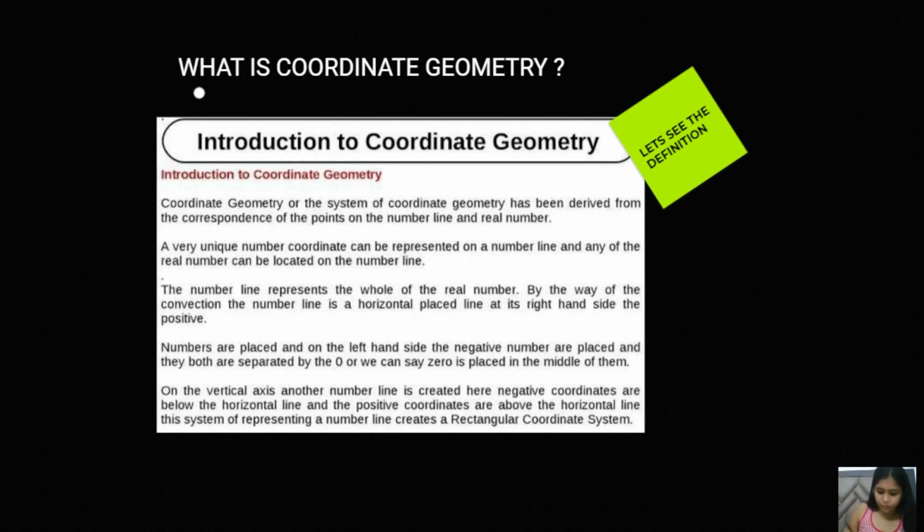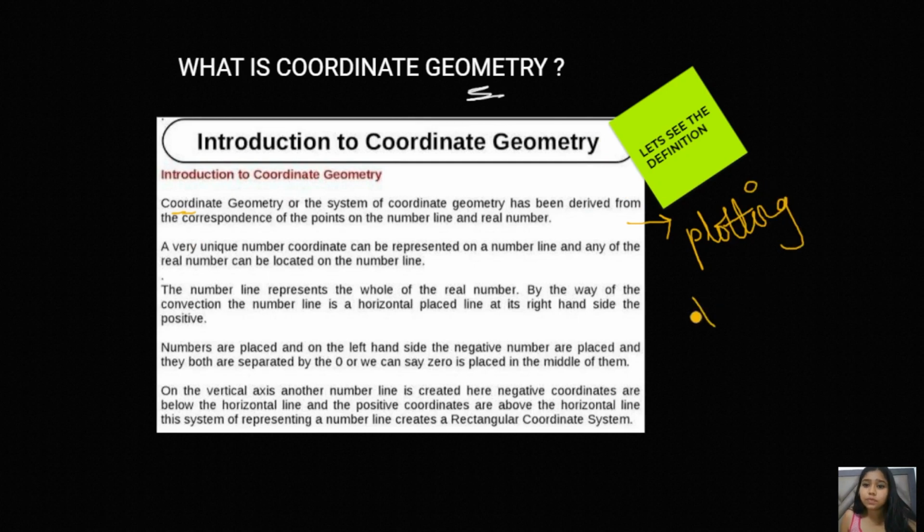What is this coordinate geometry term? As we're going to start this chapter, it is very important to understand this particular term. Basically, coordinate geometry is plotting the numbers.